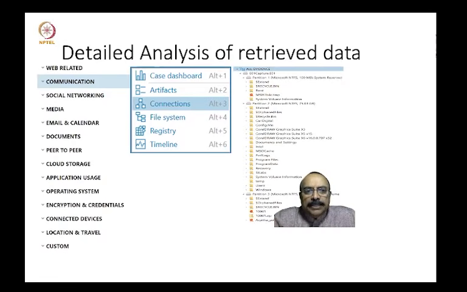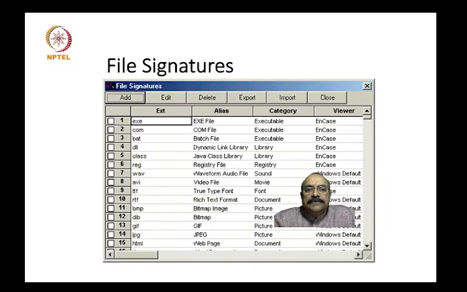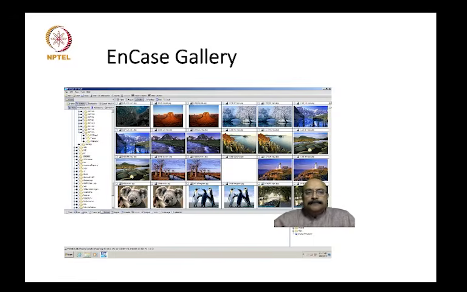Complete recovery, after complete recovery, we can further analyze every file structure, including registry and timeline analysis. File signatures, we can analyze the complete file signatures: .exe, .com, .bat, DLL, registry, wave, AVI file, BMP file, GIF file, JPG file, HTML file, XML, any file extensions we can recover and do the analysis.